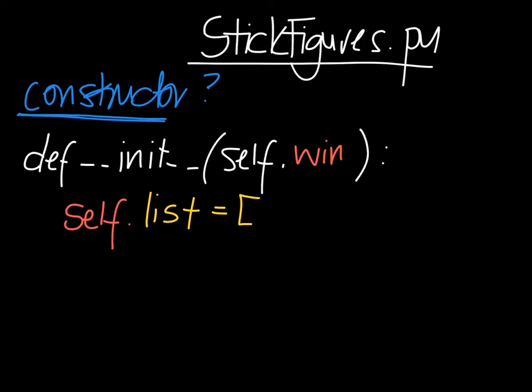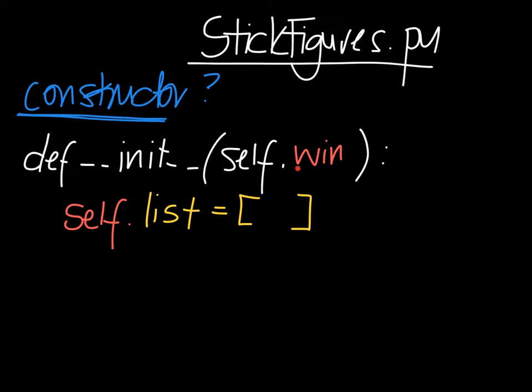And in my constructor, I'm going to create an empty one. Why am I doing that? Because when I build my stick figures, I don't necessarily want to add in any items to my list. I just want to get a list created and ready for use. So when I build stick figures by my client, and I pass it the window, one of the things it's doing hidden away from me is just create a list ready for me to start manipulating it.